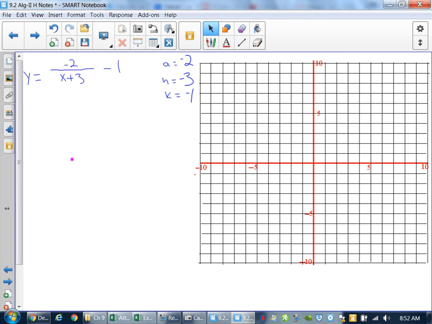Counting's hard. It really is. So label out your A, H, and K. Throw them in as your asymptotes. So you have a vertical asymptote at -3, and a horizontal asymptote at -1.